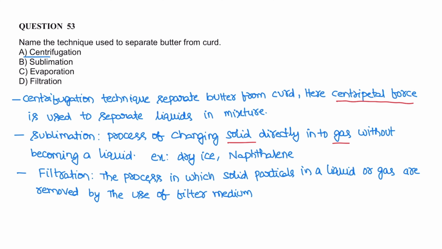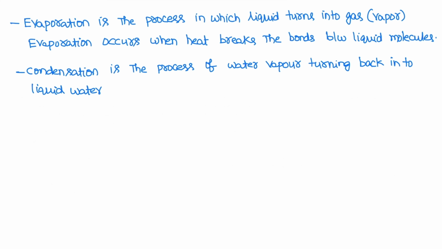Evaporation is a process in which liquid turns into gas, that is vapor. There is one more process exactly opposite to evaporation, which is condensation. It is a process of water vapor turning back to liquid. So evaporation and condensation are exactly reverse.